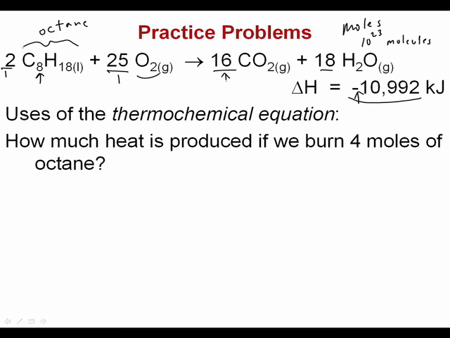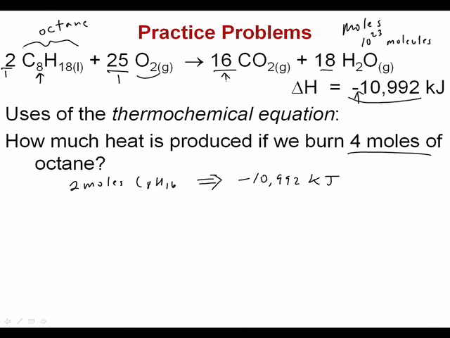So I can figure out how much heat I produce if I burn 4 moles of octane, and that is using this thermochemical equation as a conversion factor. For example, I know that if I burn 2 moles of the octane, I will produce, and I'm going to keep using the same negative sign so I keep track of that, this much heat.